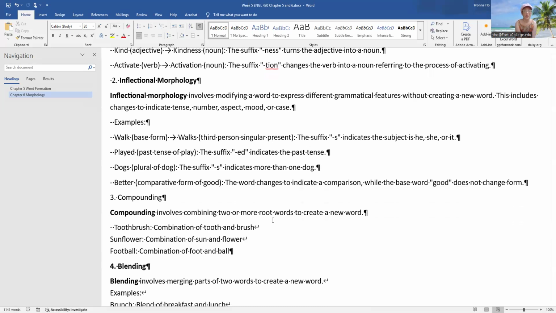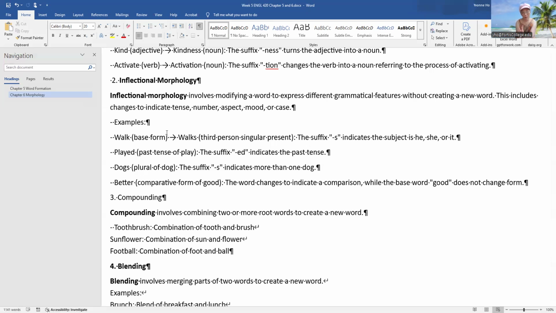For tense, for instance, if I say I walked yesterday, that's time, past tense. So in order to make the past tense, I add the suffix ed, and that becomes walked. I will walk.